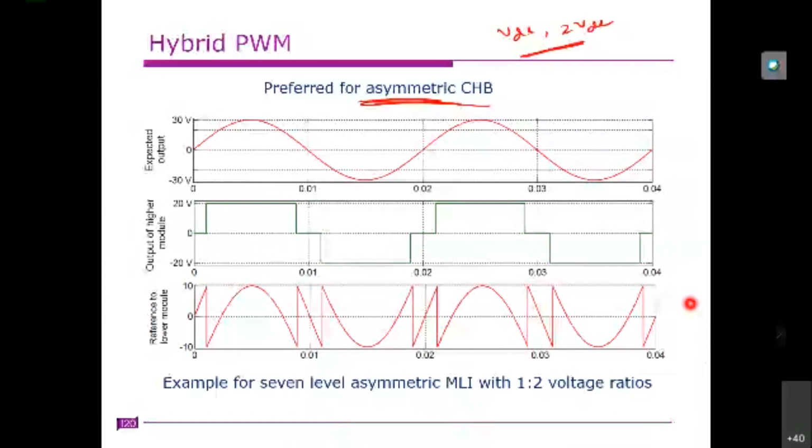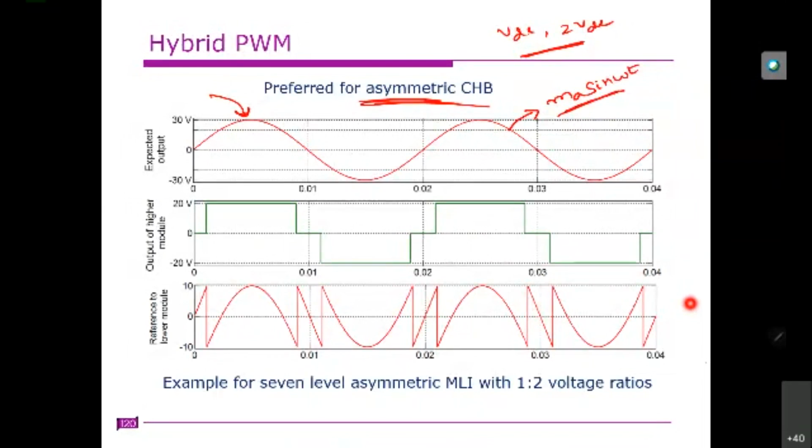For example, this is the output voltage that we require, the fundamental component, which is simply Ma sin omega t. In the case of hybrid PWM, we will split this modulating signal into two different parts, since we have two modules.